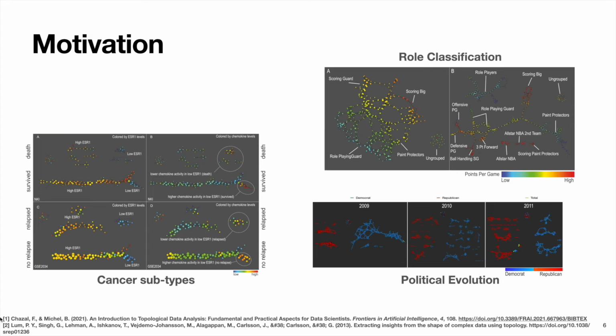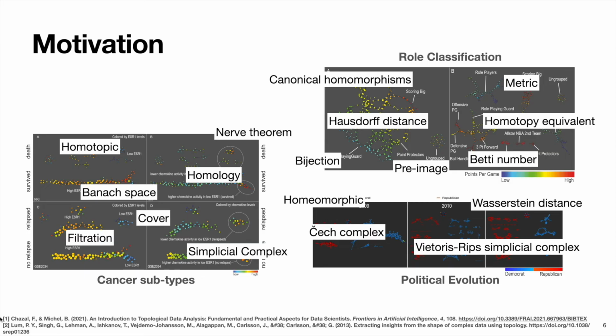But then the problem came when I started to dive a bit more into the details of topological data analysis, and I was met with a wall of terminology and jargon, which isn't a bad thing. The mathematical rigor associated with topological analysis is a good thing. A lot of the techniques under the umbrella of topological data analysis are very well founded mathematically. But as a non-mathematician, as an outsider, so to speak, trying to figure out what's going on here, there was just a barrier to entry to use this stuff in practice.